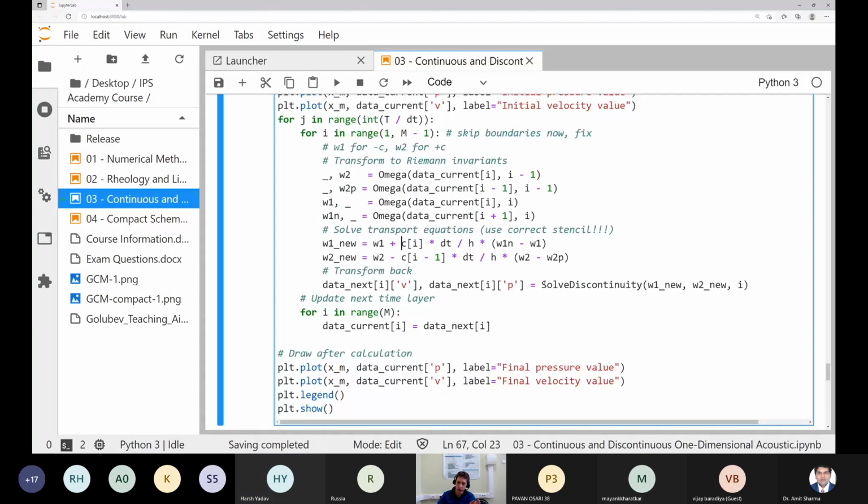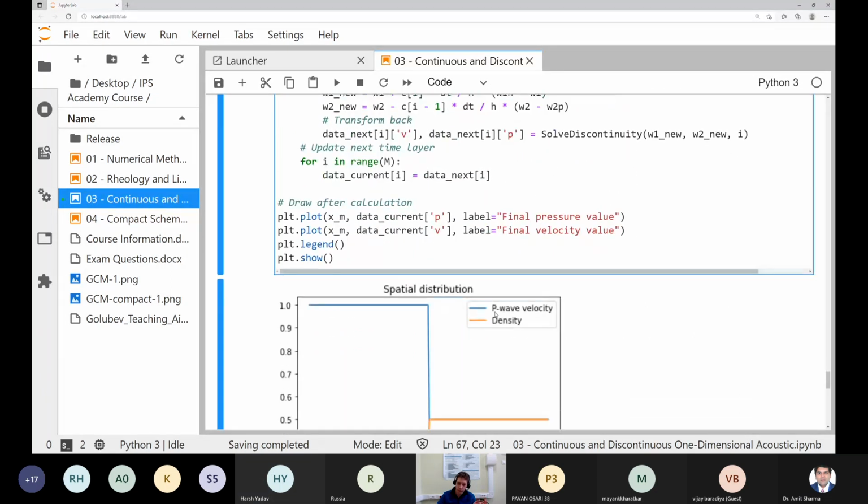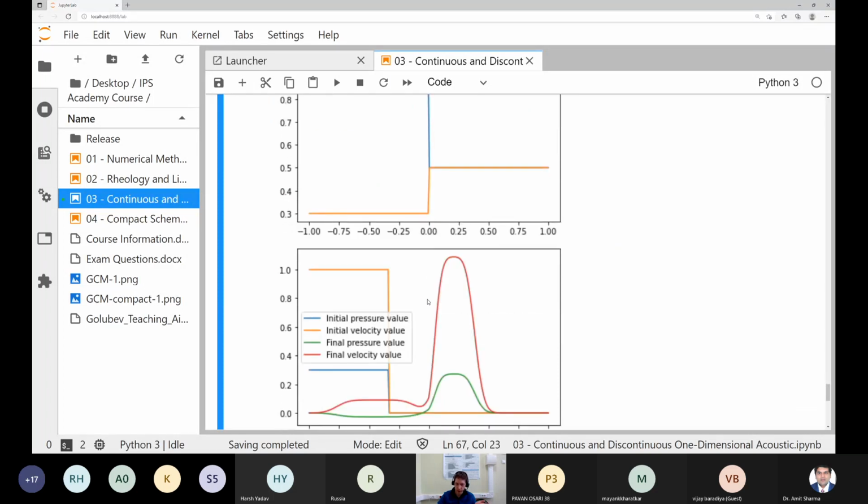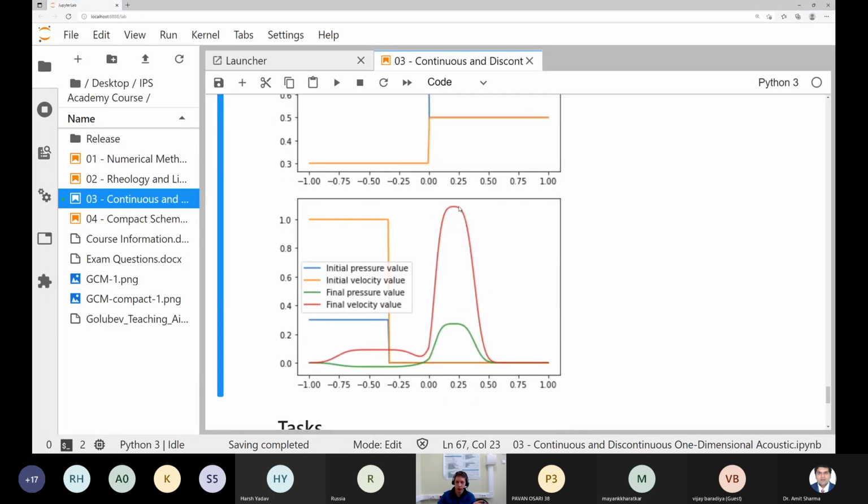Finally, what I have to say is that if you have some discontinuity, we can apply this procedure that I described, and you can see the transmitted wave with some velocity. Initially, we have some pressure value and some velocity value here. After some time, we have the transmitted wave and the reflected wave.